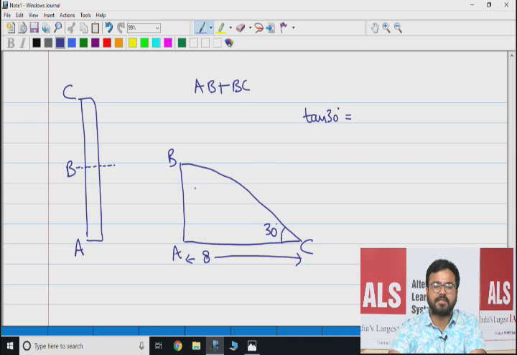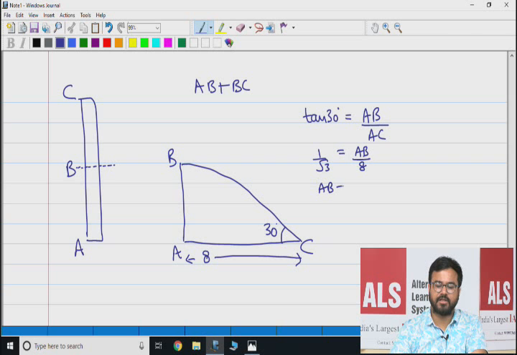Tan 30 is perpendicular upon base, AB upon AC. Tan 30 is 1 by root 3. Oh, sorry, AB we have to find, AC is 8. So we can say the length of AB is 8 by root 3.